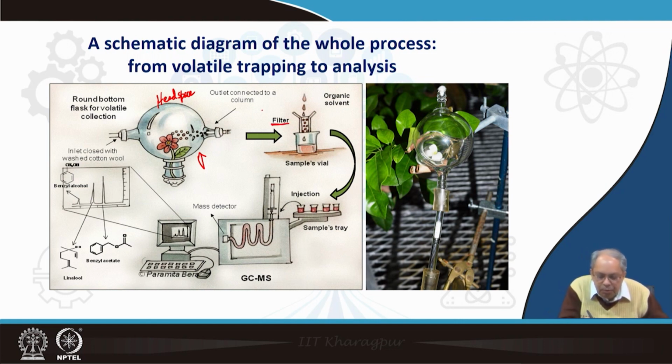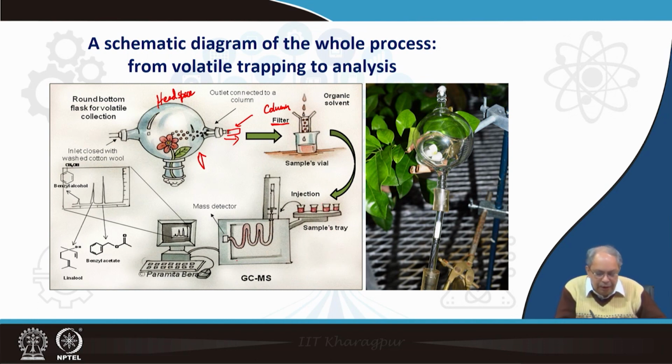Sometimes we call this a column, which will absorb the volatiles. If you attach it with a vacuum pump and put this column in between, all the volatiles will be trapped in the column, which is written as filter here. Later this can be detached, and the mixture of volatiles can be collected in an organic solvent.